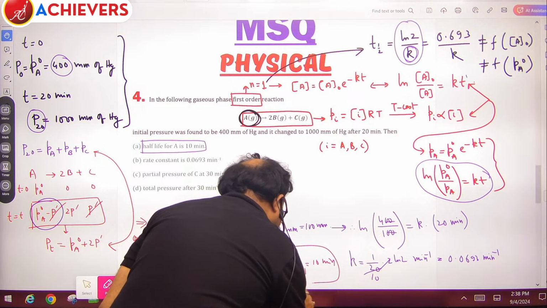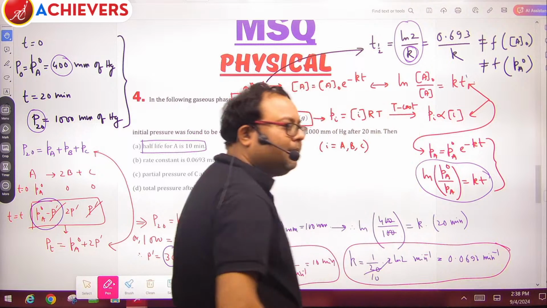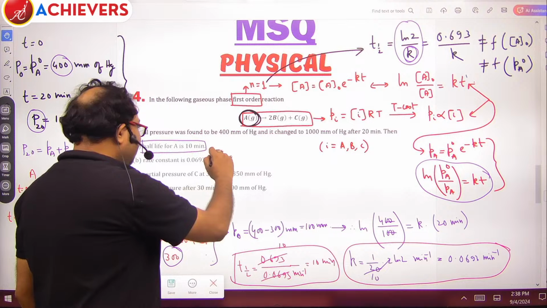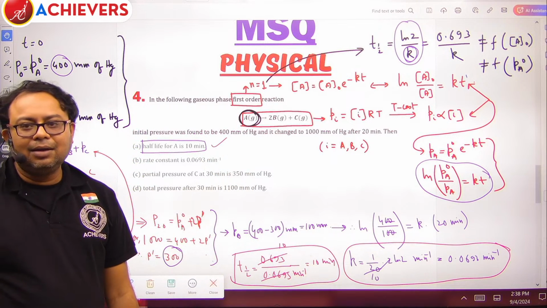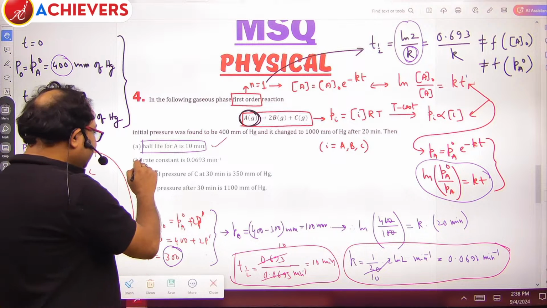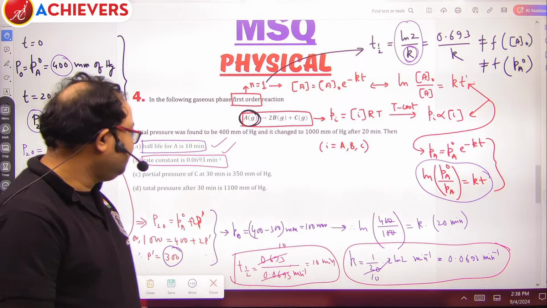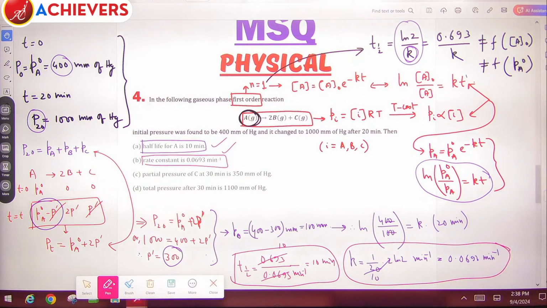So you have got T and you have got K. So half-life is 10 minutes. That is correct. Rate constant is 0.0693 minute inverse. That is also correct. You will find everything now.